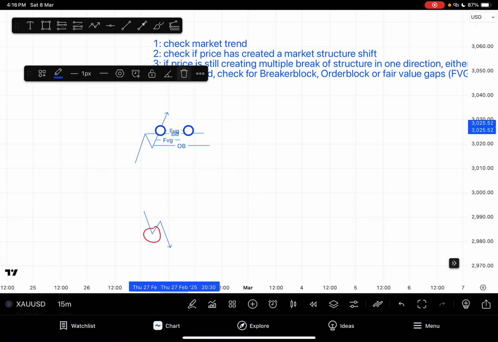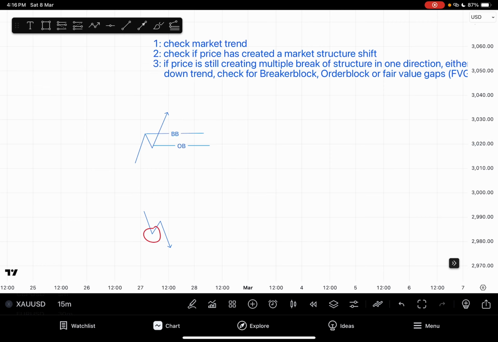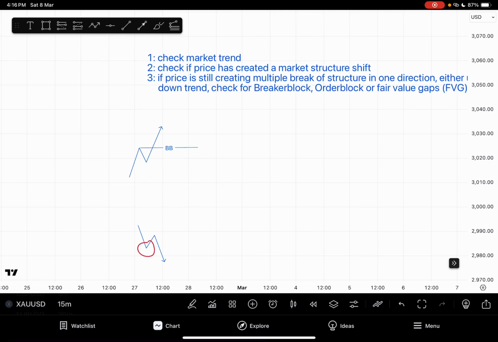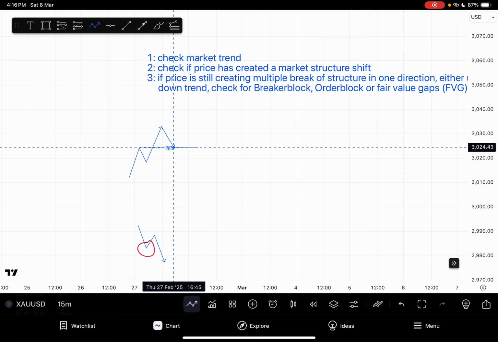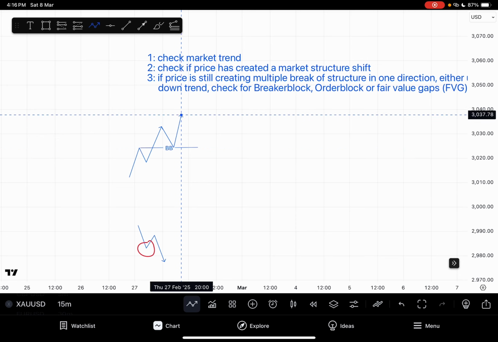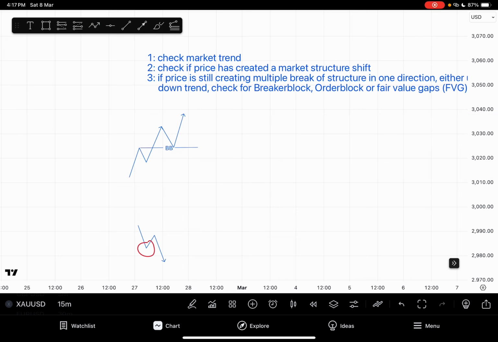So in cases where you see just the breaker block for an uptrend, price will just retest the breaker block, then push on the upside again to take out buy side liquidity.